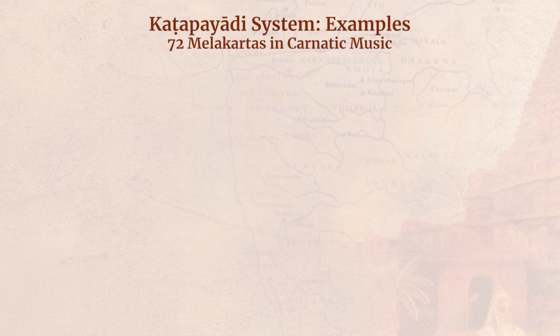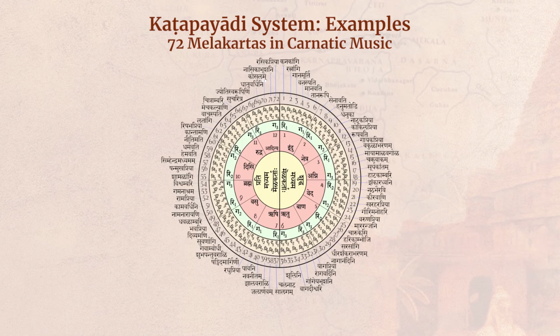I want to end this with a beautiful, actual use of the Kaṭapayādi system. What you see here is a very beautiful chakra. This is called Melakartas in Carnatic music.